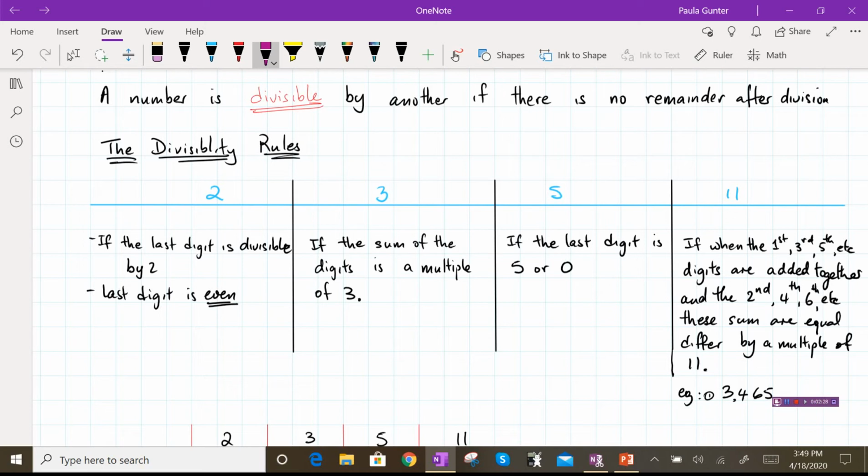If I said, is something divisible by 2, could I divide by 2 and not get a remainder? All I have to do is look at that last digit. If I gave you something like 54, without even doing much, because the last digit is a 4, I would know, yes, this is divisible by 2, and then I would proceed.